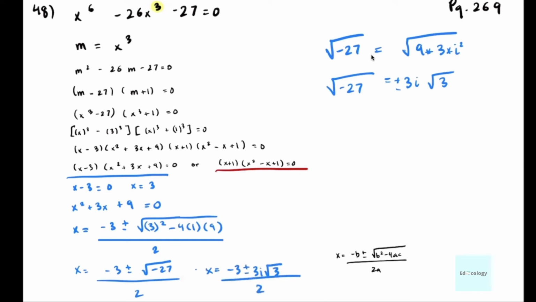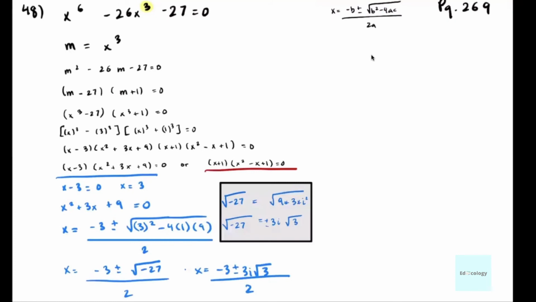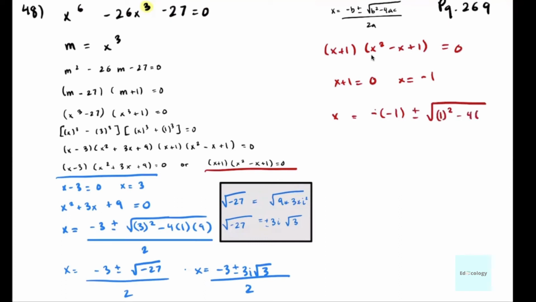Okay, now the second part, which is x plus 1 and x squared minus x plus 1 equals 0. So x plus 1 equals 0, which will give us x equals negative 1. And then we will use the quadratic formula for the second part, which will be negative of negative 1 plus or minus the square root of 1 to the power of 2 minus 4 times 1 times 1, over 2 times 1, which is 2.